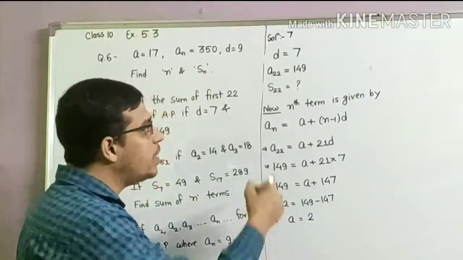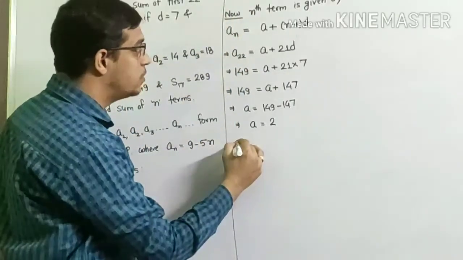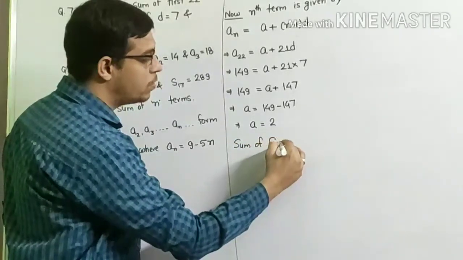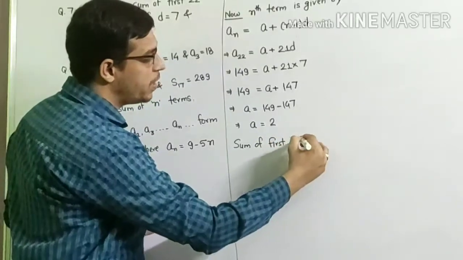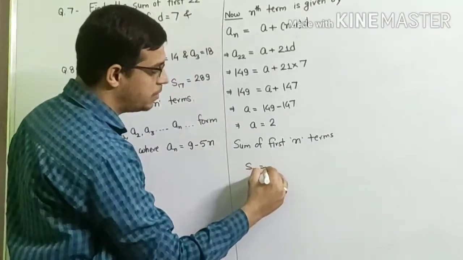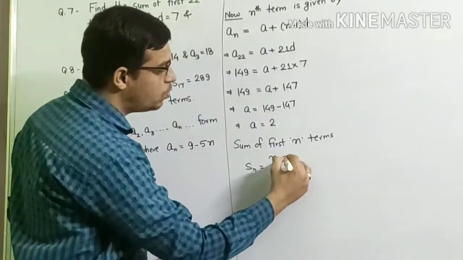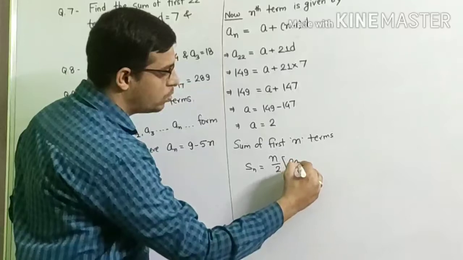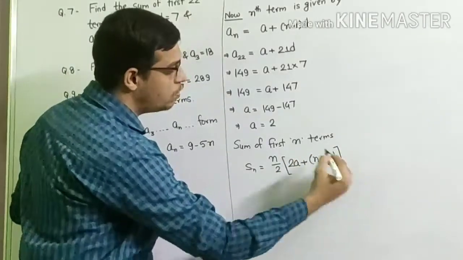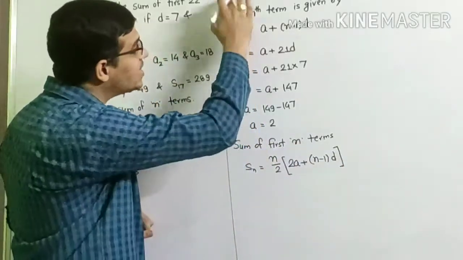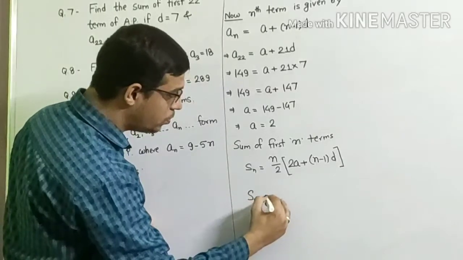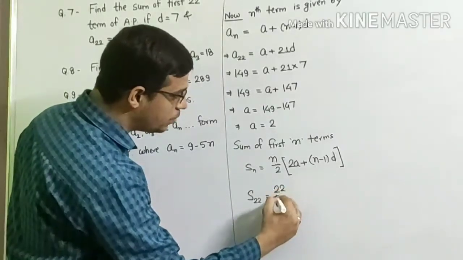Okay, and we have to find S22. So sum of first n terms, that is Sn, is n by 2 into 2a plus n minus 1 into d. So we have to find S22. In place of n, I will write 22, that is 22 by 2.